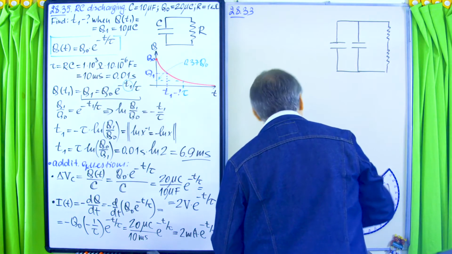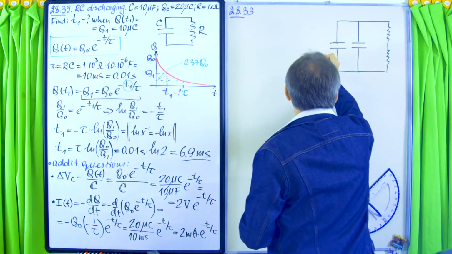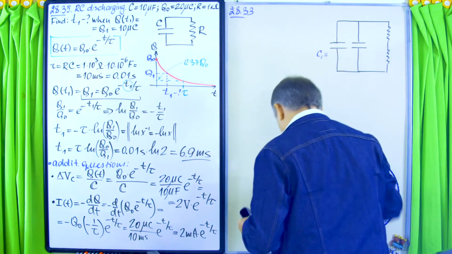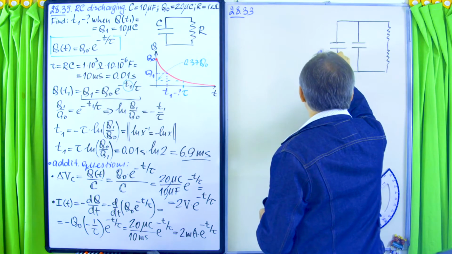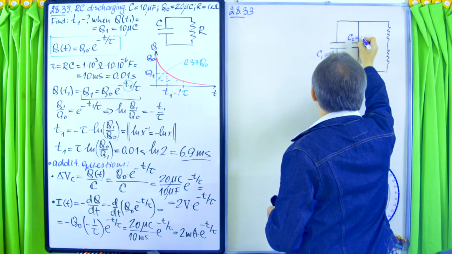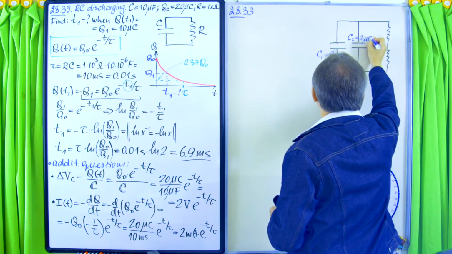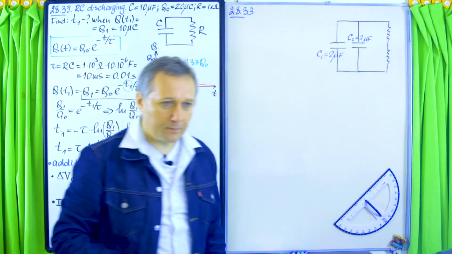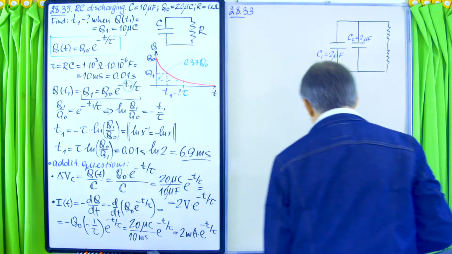And what we have? So C1 is 2 microfarads. C2 also 2 microfarads. And resistors are given.